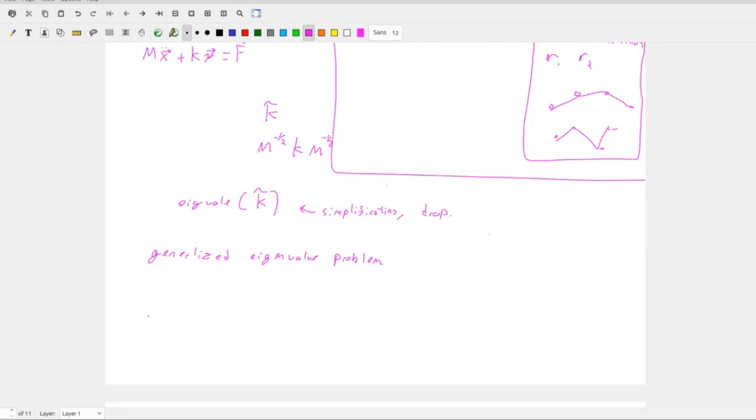So we're going to end up with lambda M v: eigenvalue, mass matrix, eigenvector, is equal to K times our eigenvectors. And so the challenge becomes getting the correct matrix of eigenvectors and the correct matrix of lambda, but lambdas are just on the diagonal.